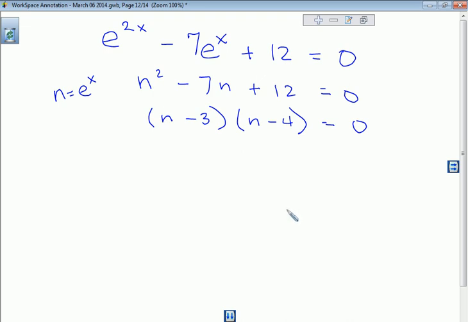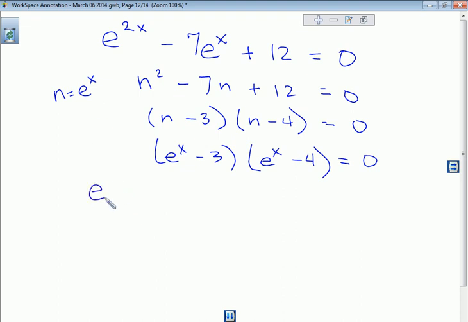But what is n? n is really e to the x. So I just use this as substitution.